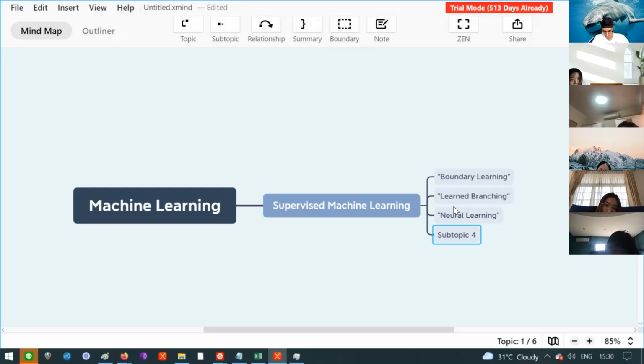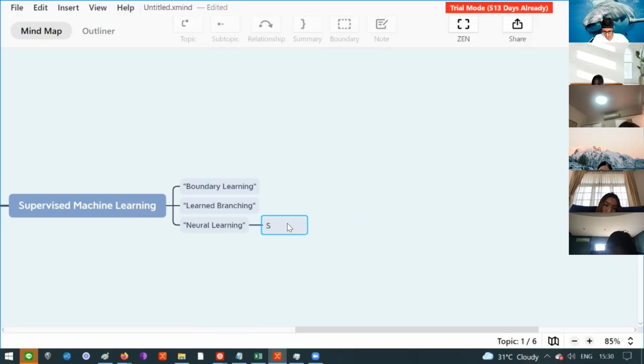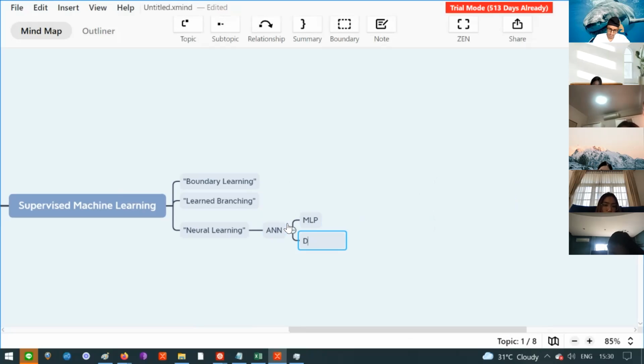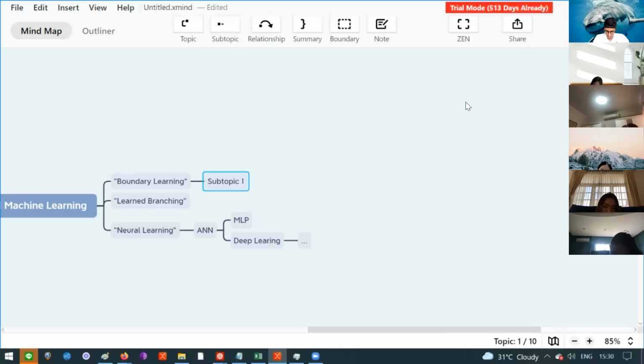It's going to look like this. Neural learning is basically ANN. ANN is the biggest word here. It's so ubiquitous, people don't even say it anymore. So you can have MLP and then deep learning. Then you have a whole bunch more, etc. Boundary learning, linearly comparable.